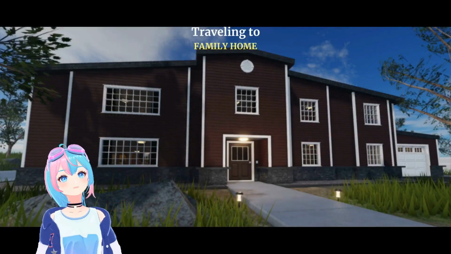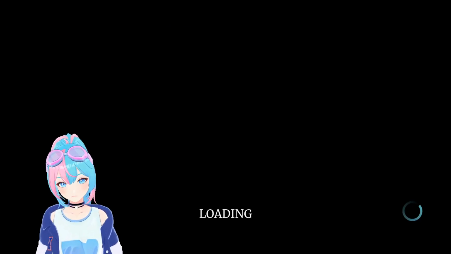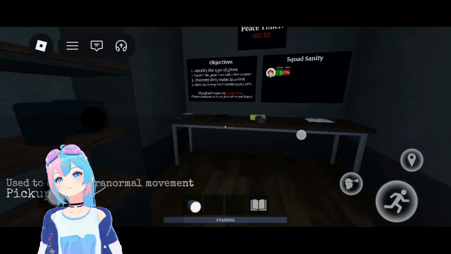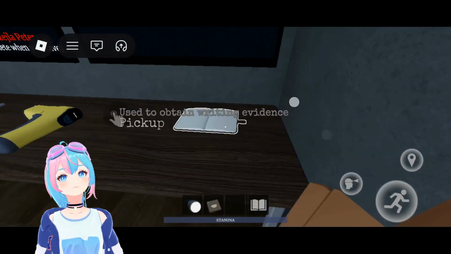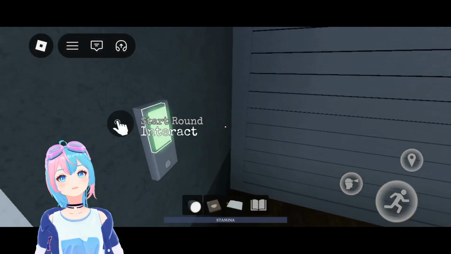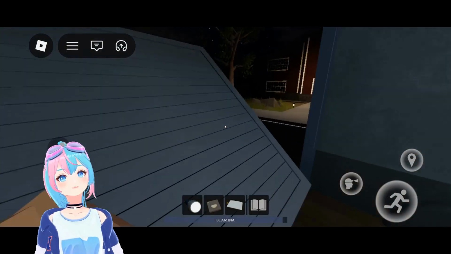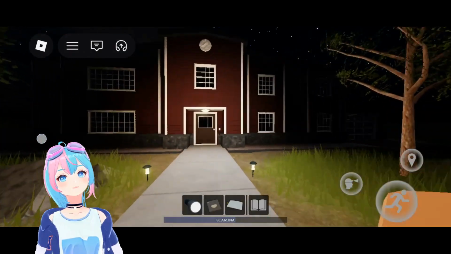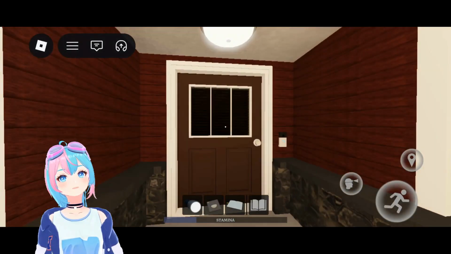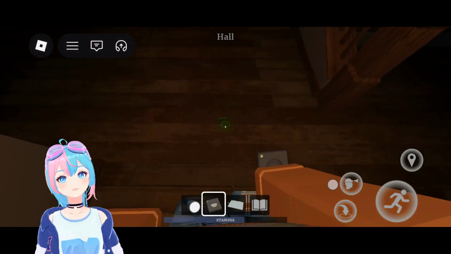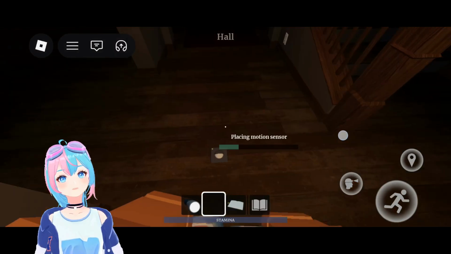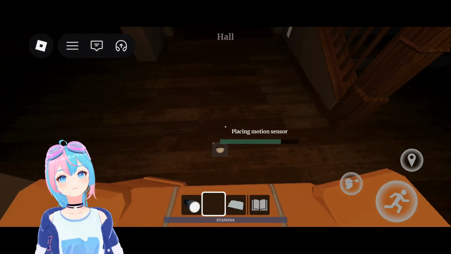It's already 12 AM right now. The system is set. We're going to place the motion sensor and the book, and we're going to start the round. Open the flashlight. Amy is going to put the motion sensor over here, and the book too.